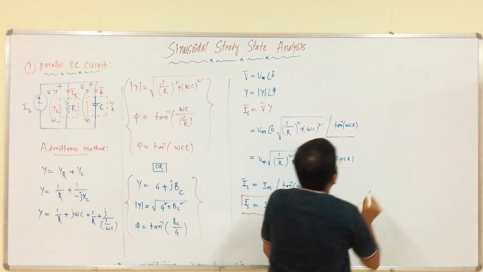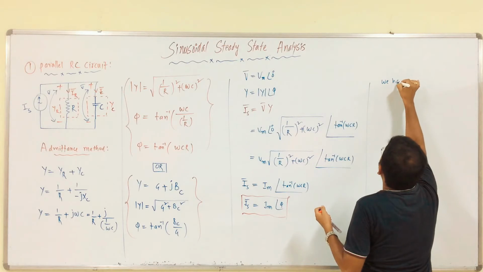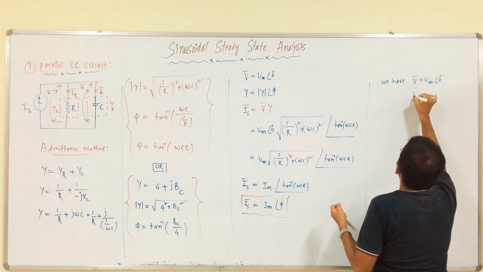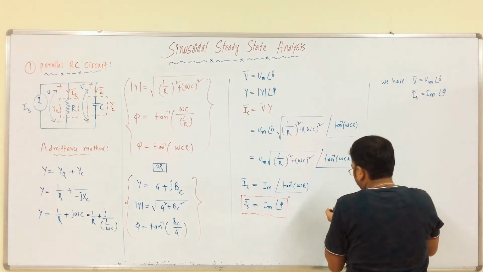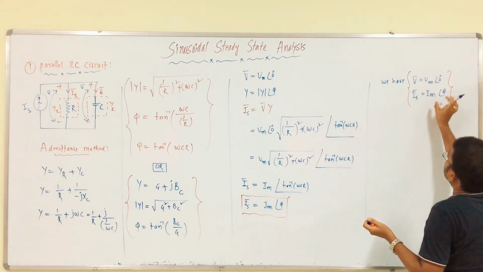So now we have V is equal to Vm at an angle 0, and we have Is, which is equal to Im at an angle phi. Then tell me, which one is leading, which one is lagging? Current leads voltage by phi. Clear?